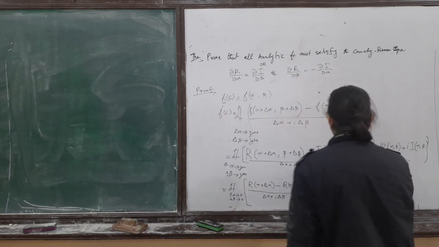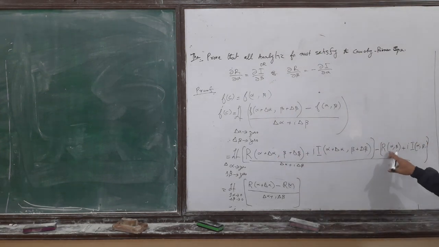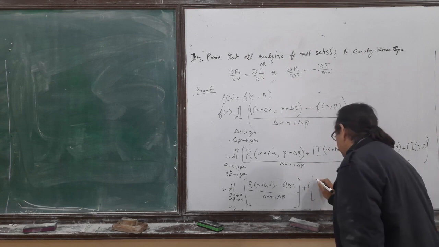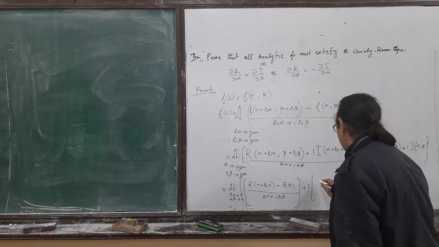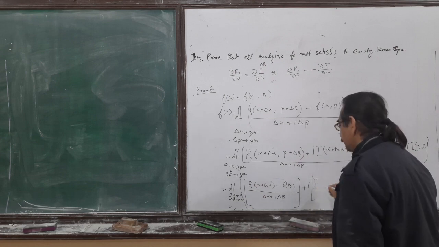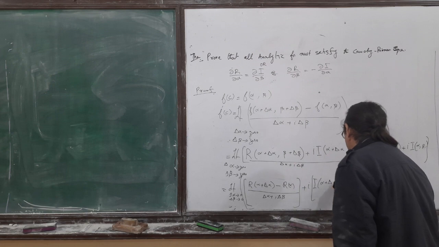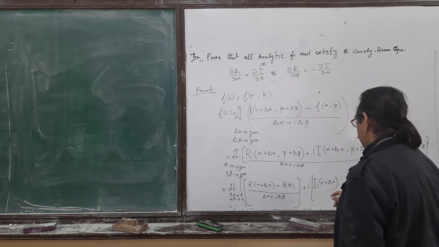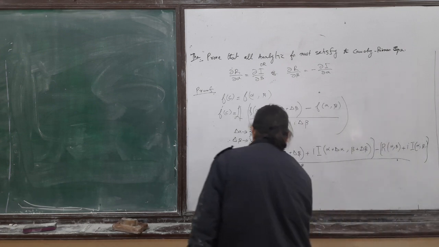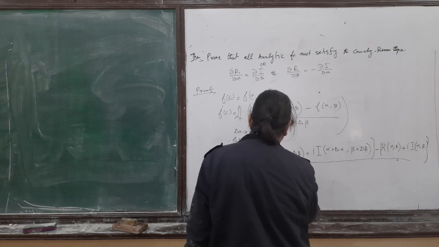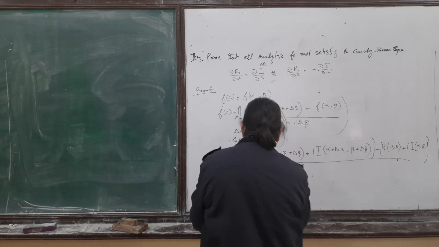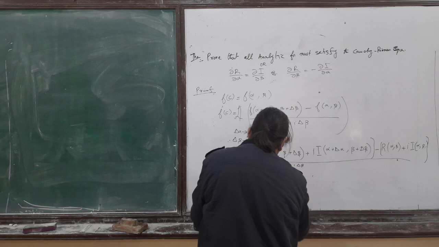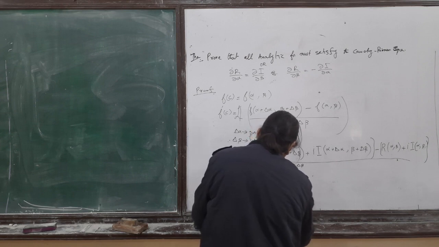Okay, this plus iota I, yes, alpha plus delta alpha. Sorry, may be written as R of alpha plus delta alpha and beta plus delta beta.